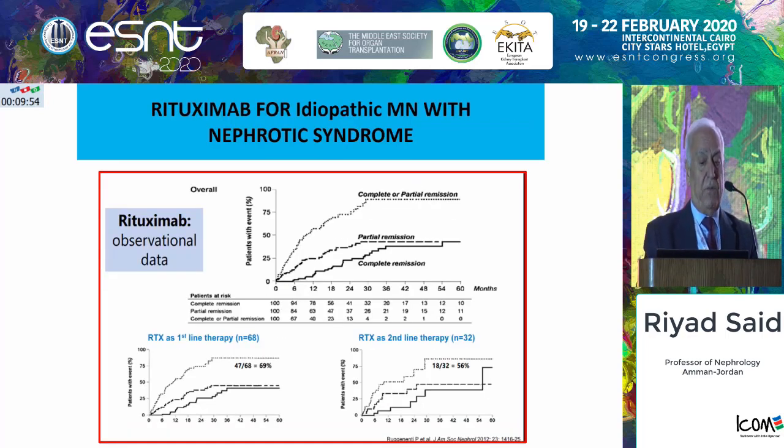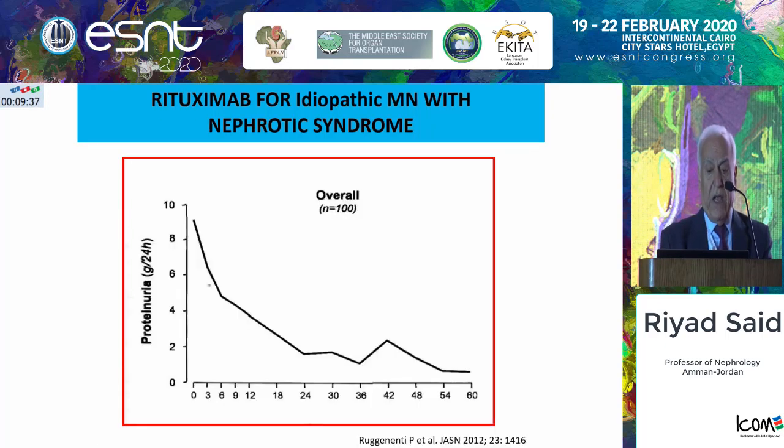Look really on the top, partial and complete remission was achieved, and in the group with primary therapy, 69% improvement, and in the second group, when they had initial relapses, it's 58%. Proteinuria, as you notice, continued to be low up to 60 months.